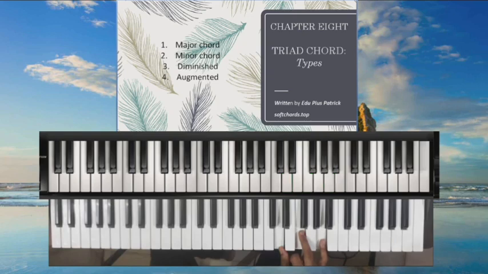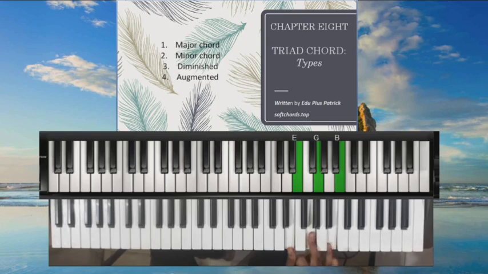So E: if you count the spaces when you form a triad on E, see how many spaces there are. You will find out that there are 2, 3 spaces. 1, 2, 1, 2, 3. Which means it is a minor.